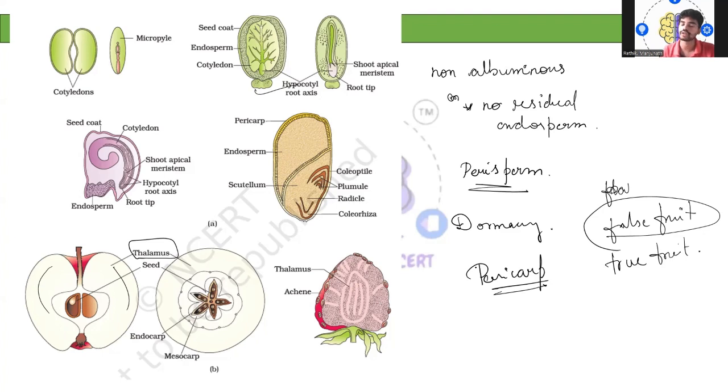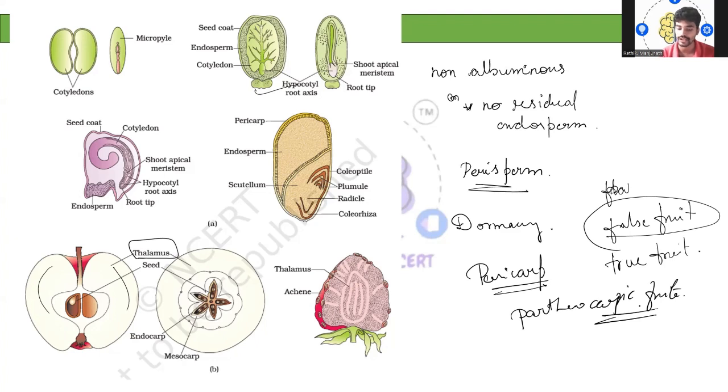Although in most species the fruits are the result of fertilization, there are a few species in which the fruit develops without fertilization. Such fruits are called parthenocarpic fruits. Parthenocarpic fruits are fruits developed without fertilization.